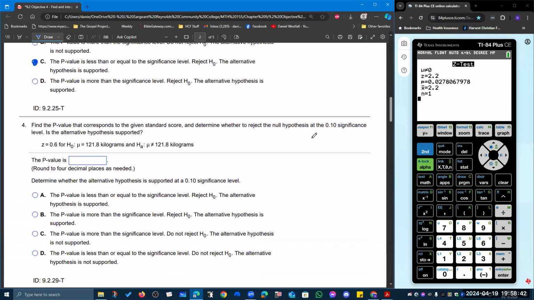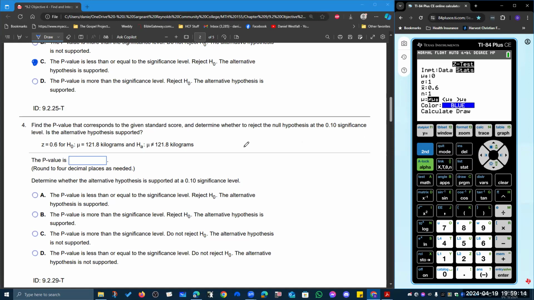Find the p-value that corresponds to the given standard score. Let's keep going with this. Z-Test, 0, 1, 0.6. Don't worry about what they say mu is here because they've already converted to Z for you. This has to do with our X values.